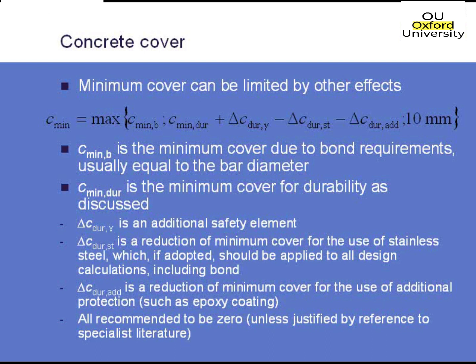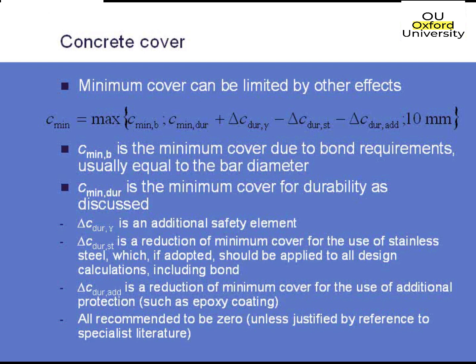In the Eurocode, all those are recommended to be 0, which is probably fair enough. And it's probably best to use them as 0 unless you can justify it using some other sorts of means. As you can see from that equation, you can never get a value less than 10 millimeter cover.